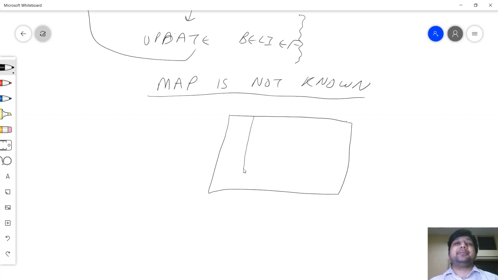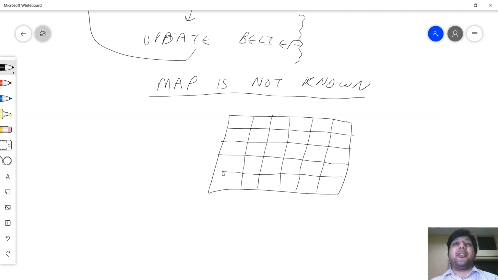In this small example, of course, I am plotting the map, but believe me, the agent doesn't know it. You can see it because I am showing that to you, and my source, by the way, is known.